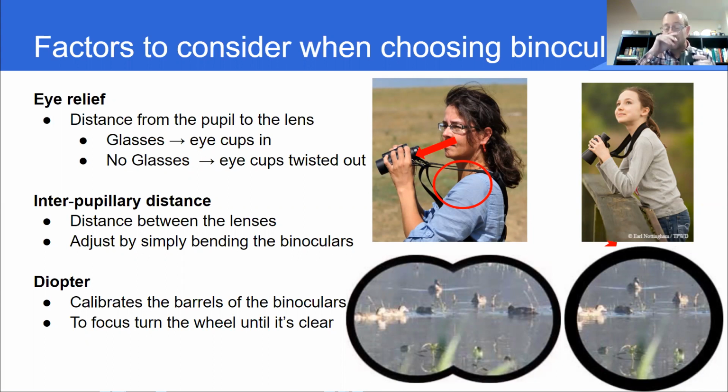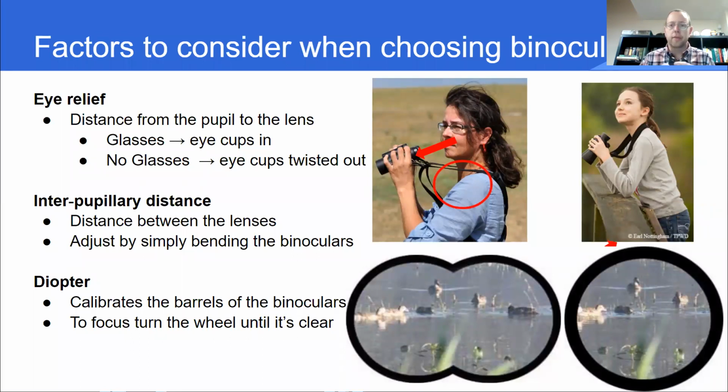It's kind of difficult to explain how this works through Zoom, but there is a ring on usually the right barrel of your binoculars, and when you buy a pair, your manual will tell you how to adjust the diopter. You basically cover one eye, focus, then cover the other eye and refocus. And then with the diopter, we'll get them perfectly calibrated.